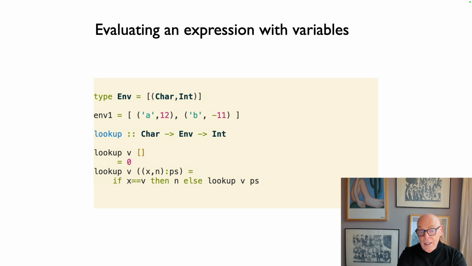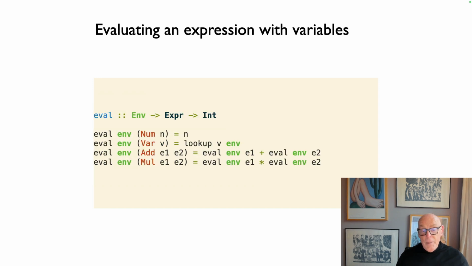So that's a classic list recursion. We define lookup v on something cons ps in terms of lookup v on ps. And that's given us the complete story about evaluating an expression with variables. We have the environment, and then we have, as we saw on the previous slide, the evaluation function for every possible kind of expression.